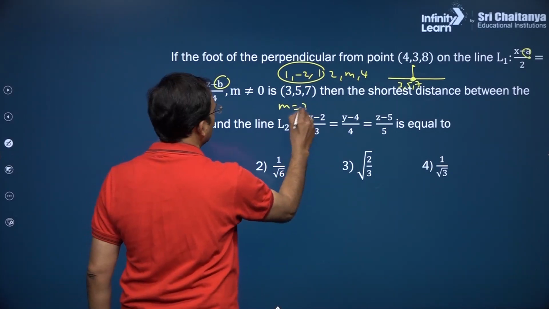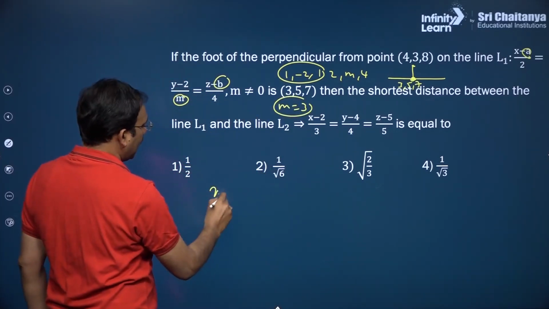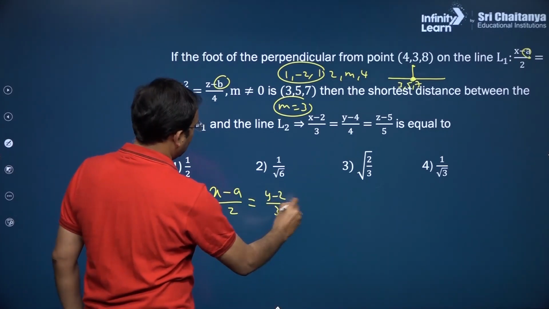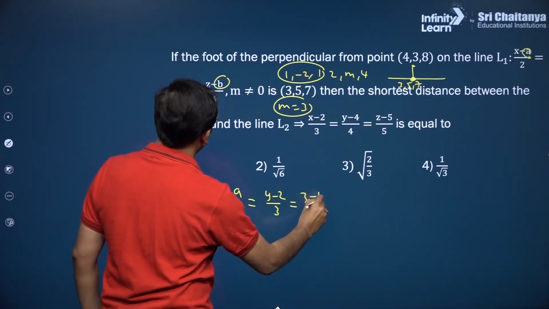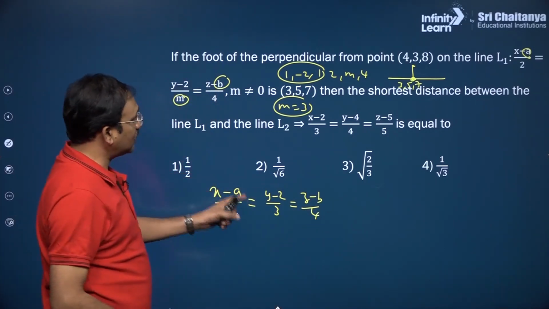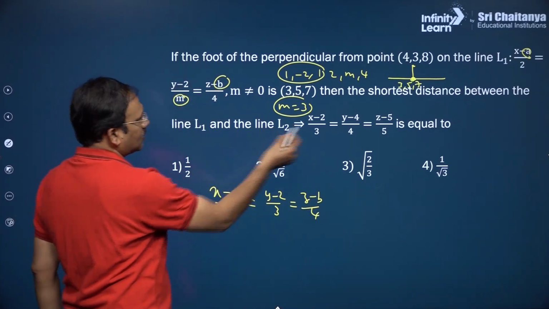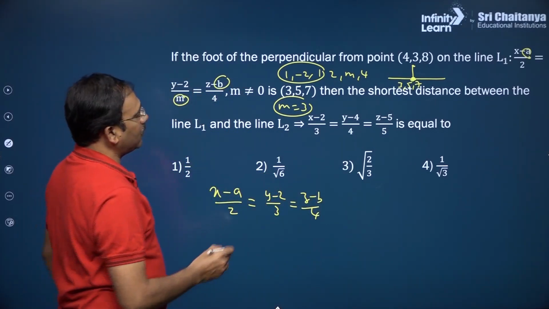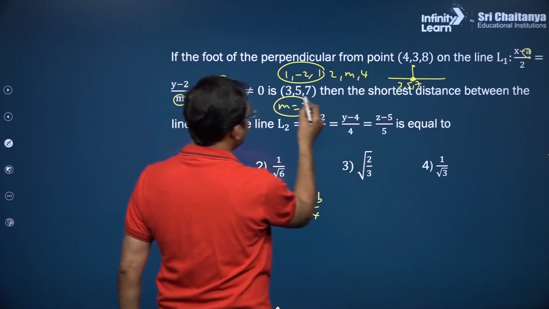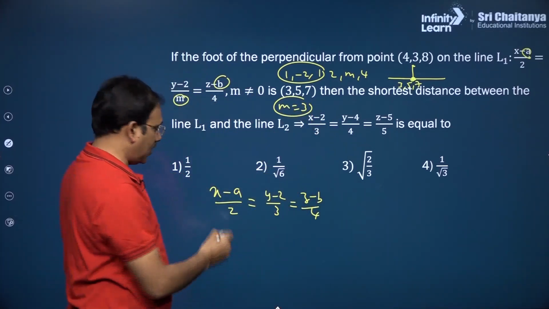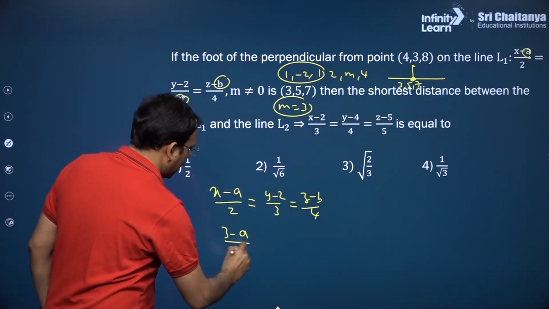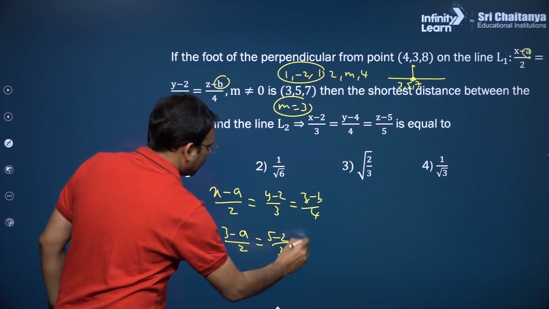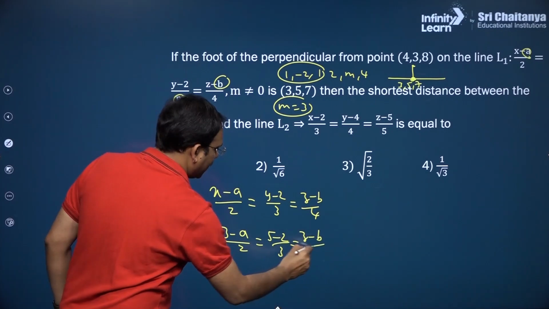Once you know m is equal to 3, you substitute here: (x minus a) by 2 is equal to (y minus 2) by 3 is equal to (z minus b) by 4. Now we got this line. The foot of the perpendicular from this point means this passes through (3, 5, 7), so (3 minus a) by 2 is equal to (5 minus 2) by 3 is equal to (z minus b) by 4.